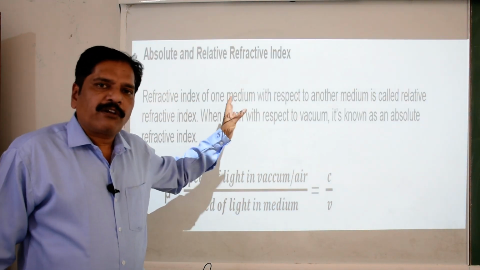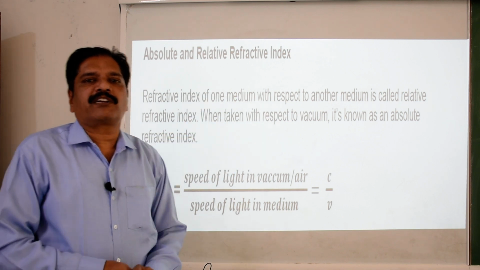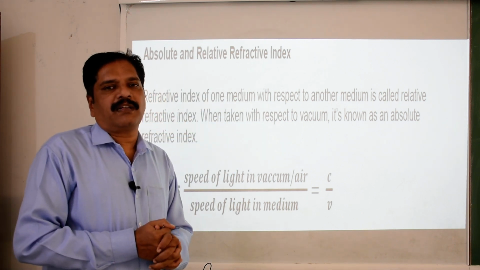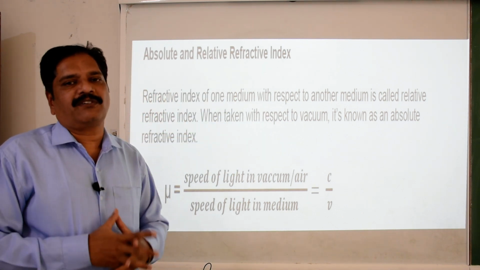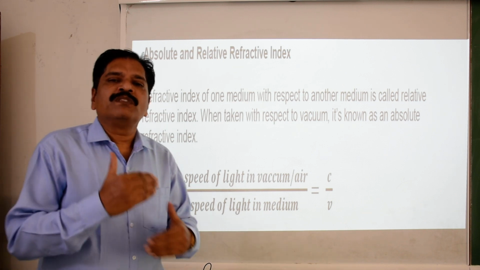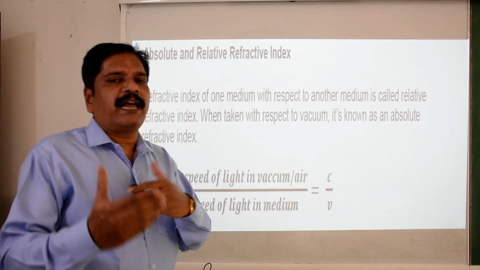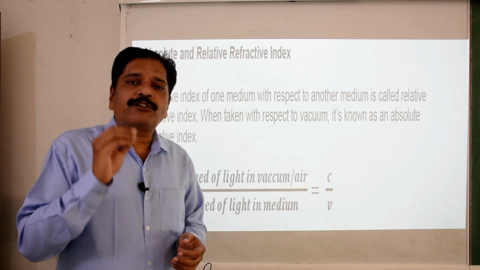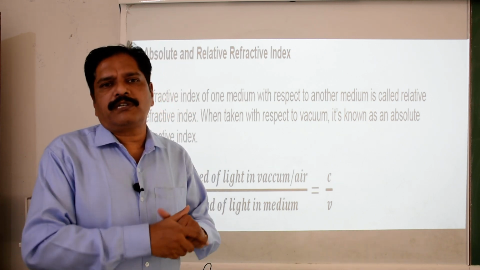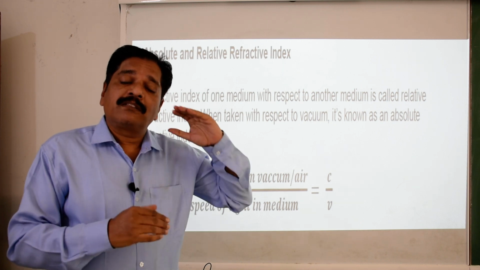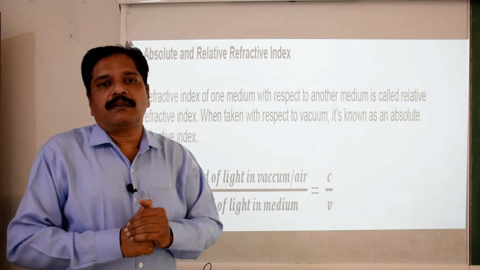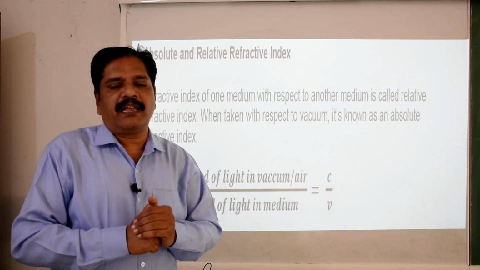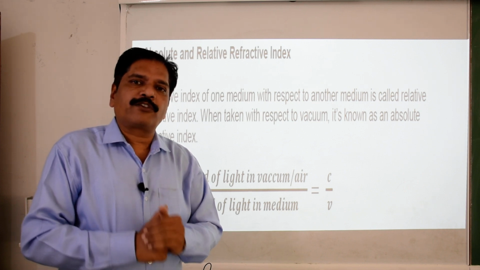Now here we are going to discuss the absolute refractive index. What is the difference between the absolute refractive index and the refractive index? Refractive index is simply the ratio of the speed of light in any two corresponding media. But when we talk about the absolute refractive index, then surely the first medium will be the rarest one, that is, air or vacuum.